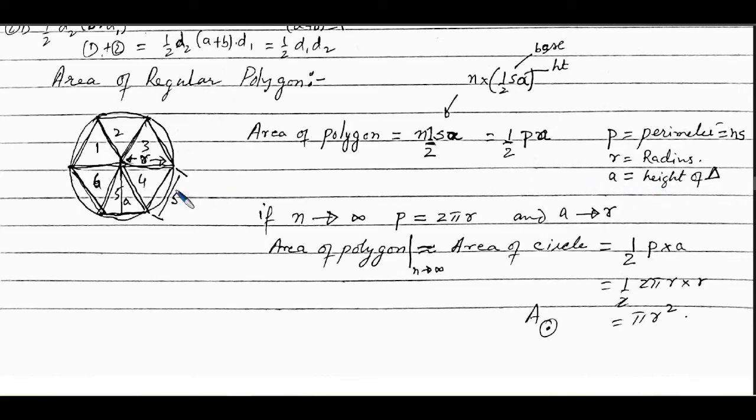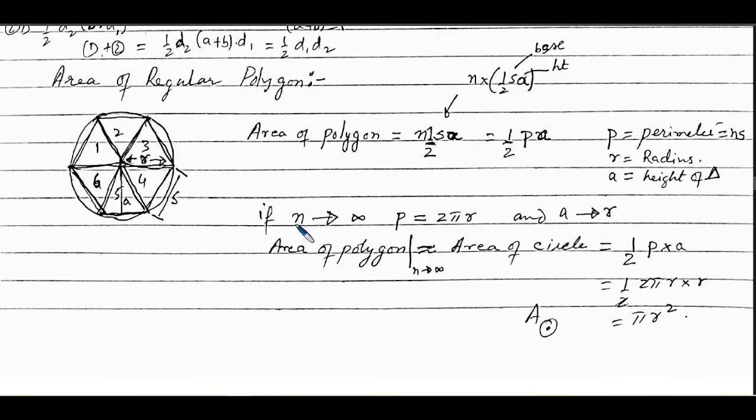So if you make much smaller chords, many triangles, then your r will be almost the height of a triangle. So as n tends to infinity, p is nothing but 2 pi r, that is your circumference. So p is 2 pi r, and a will tend to r.